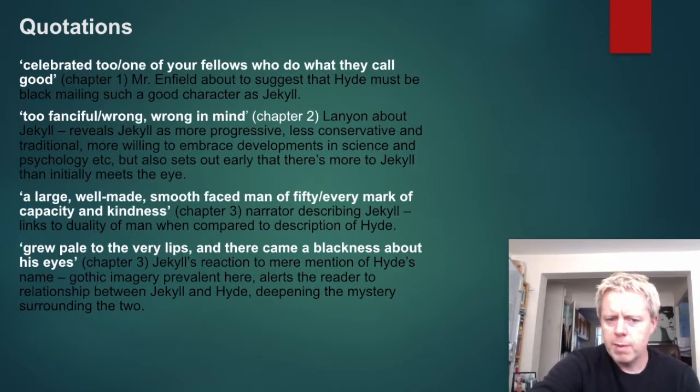"A large, well-made, smooth-faced man of 50, every mark of capacity and kindness." So this is the outward description of how Jekyll looks, which is in stark contrast to the description of Hyde, as you can check out in the video on Hyde. But this links to duality of man. Stevenson, and through his character Jekyll, believed there were two aspects of human nature.